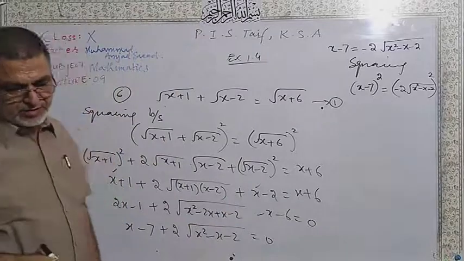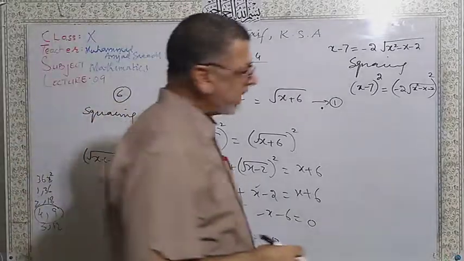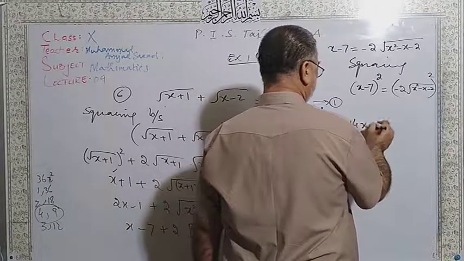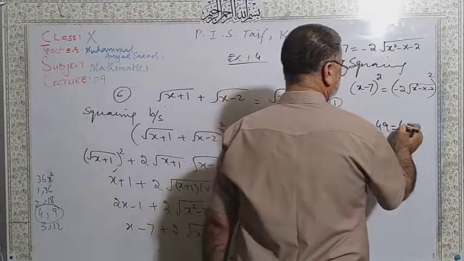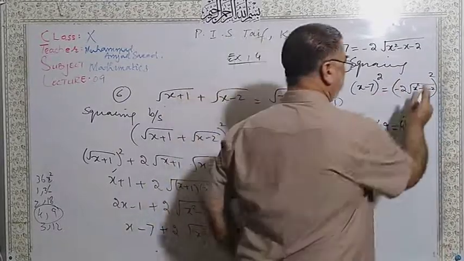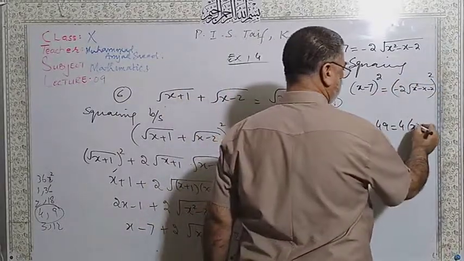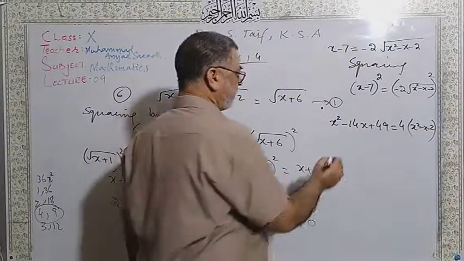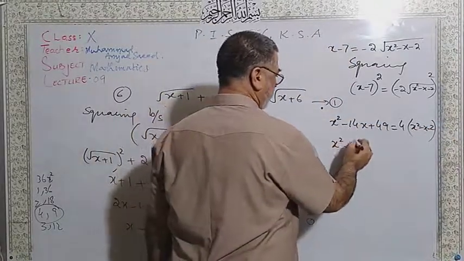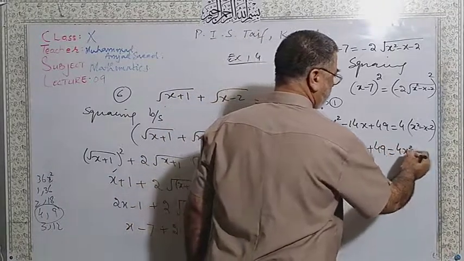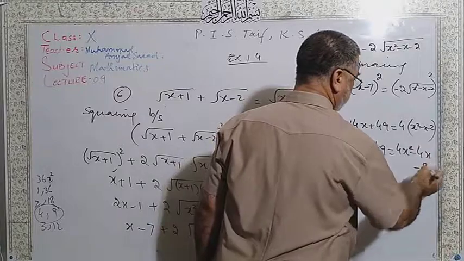Again open up the formula of square. That will be x² − 14x + 49 is equal to 4. Remember that the square is on minus 2 also. And square root cancels out, x² − x − 2. Here we will have x² − 14x + 49 equal to 4x² − 4x − 8.